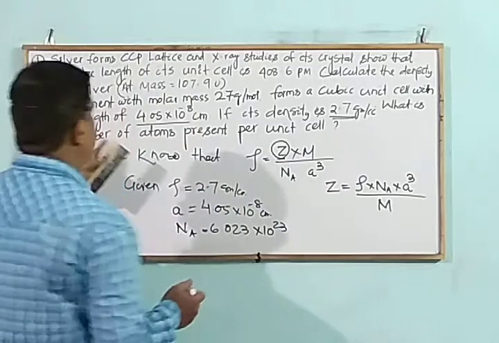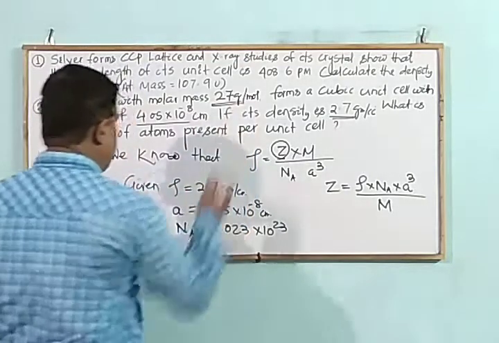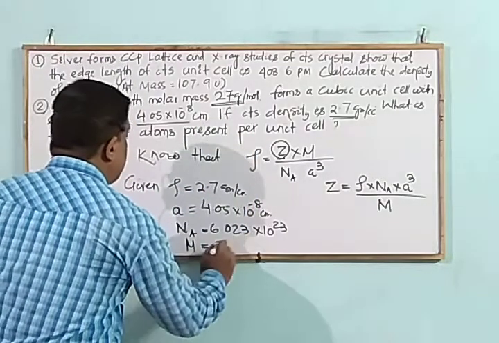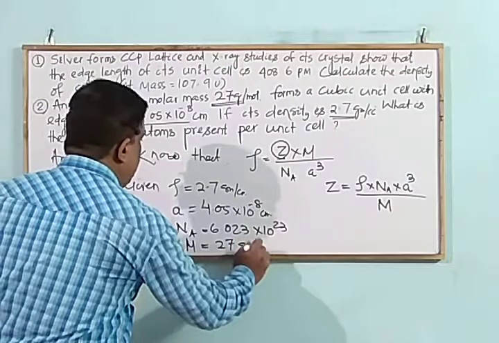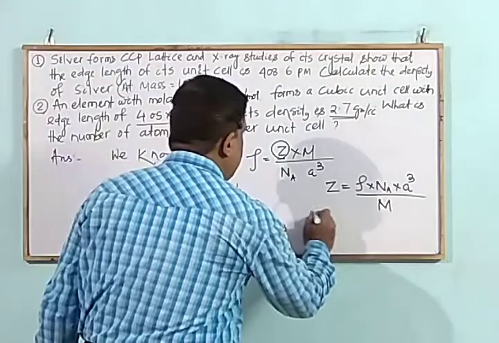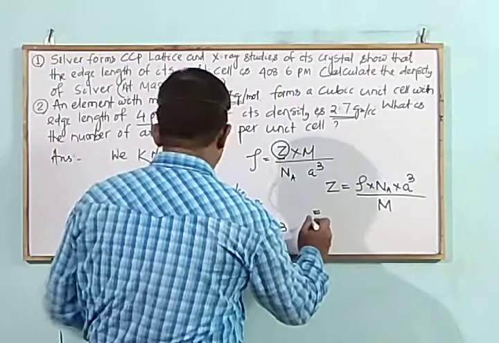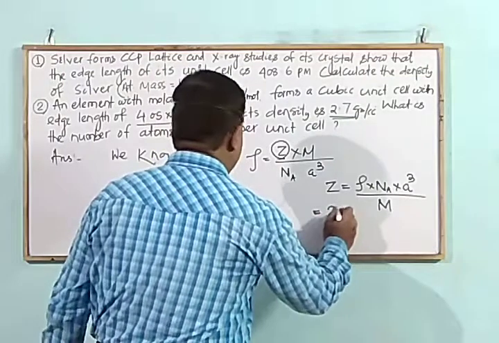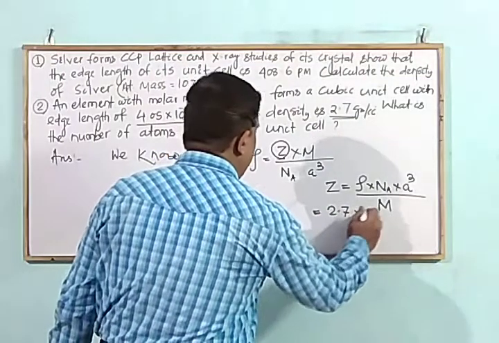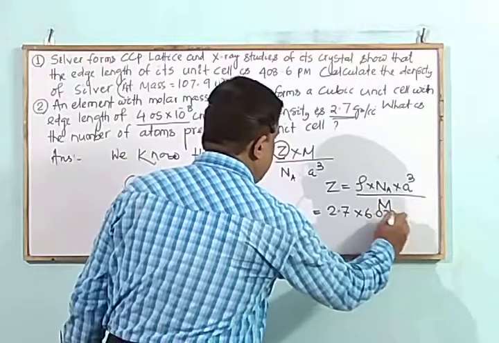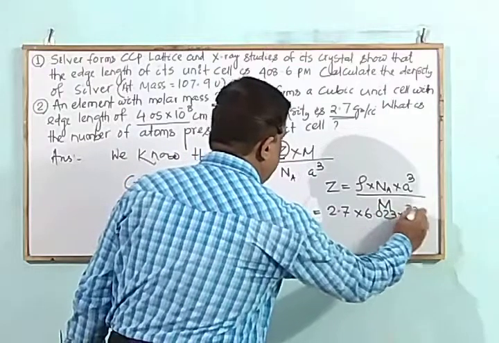The molecular mass is also given, M is equal to 27 gram per mole. Putting this value, rho is given as 2.7, Avogadro number 6.023 into 10 to the power 23.